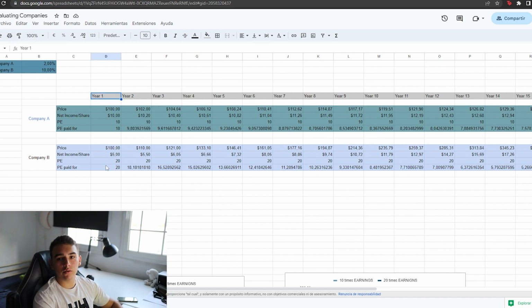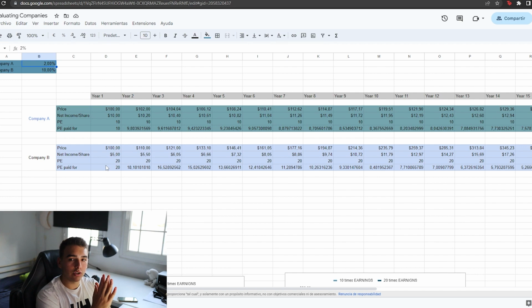So I have supposed that company A, which is trading at a 10 times price to earnings ratio, is growing at 2% every year. So I am going to suppose that the earnings per share grow 2% every year, and also the price follows the earnings growth. So then the price to earnings stays 10 during the whole study that we're going to be doing here.